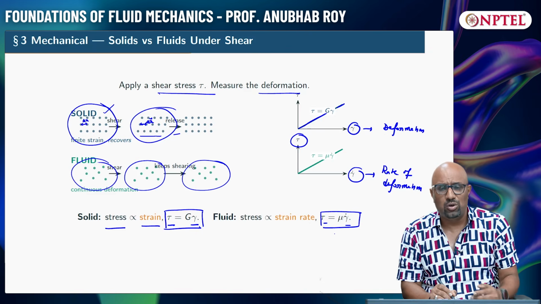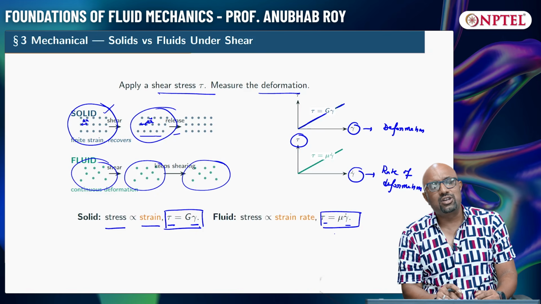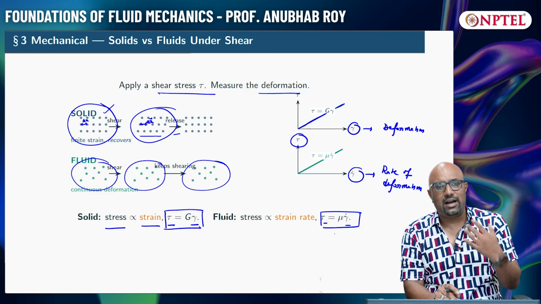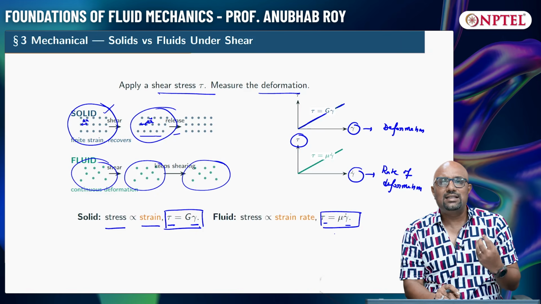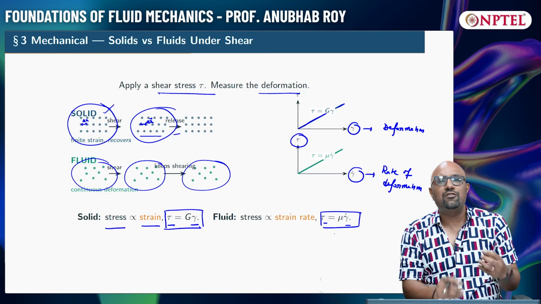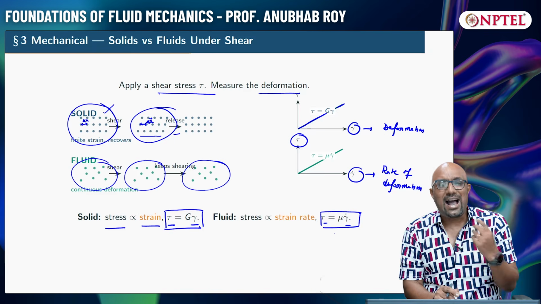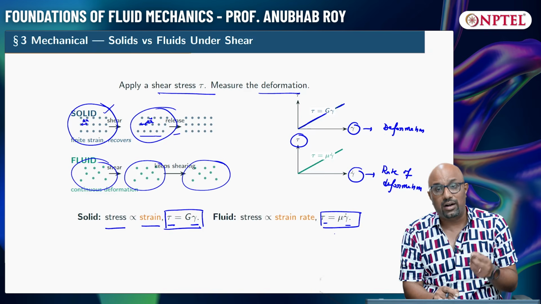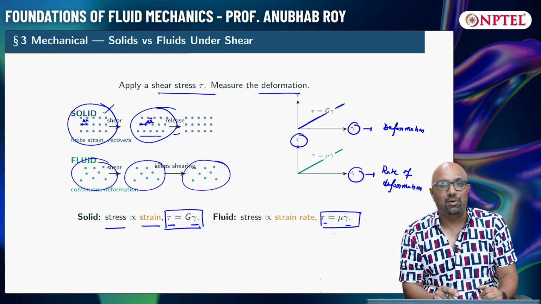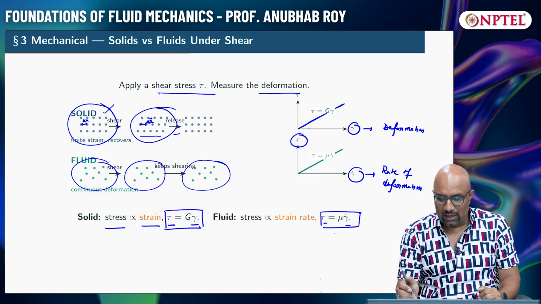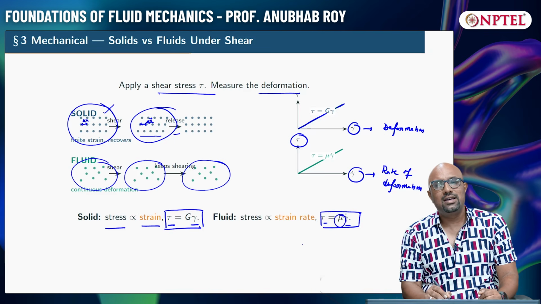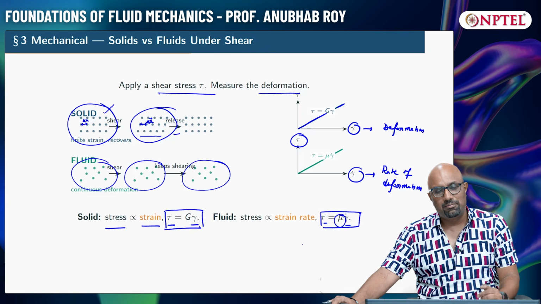There are different names that you use, and we will make some distinction between them in later classes, but right now you can think of it as the rate of change of how much you are deforming. The actual deformation is not important, the rate at which you are deforming is important. And that constant is the viscosity of the material.